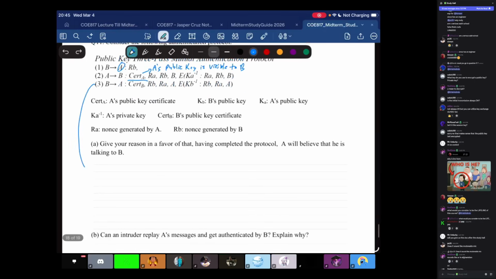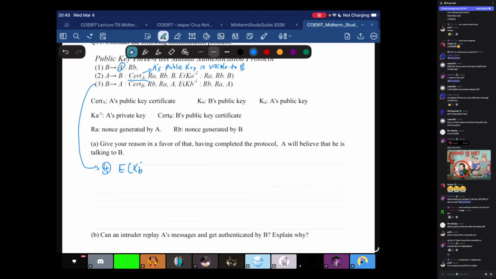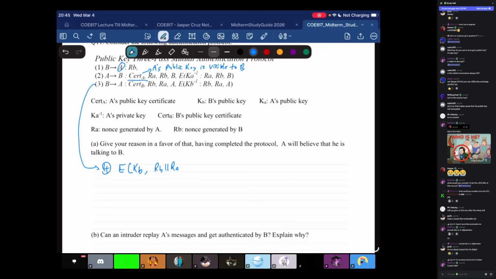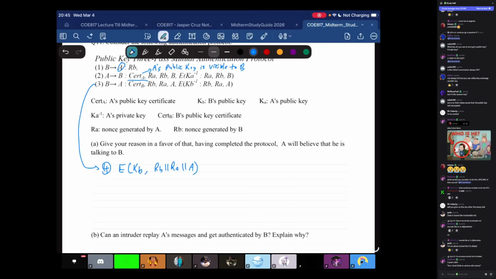So after this, it sends message number 4, which sends the encrypted KB, so B's public key, and then encrypts RB, RA, and then A. Then it waits for the response to this, and then it verifies. But the question doesn't really allow us to know this much, or it's not expecting us to do this.